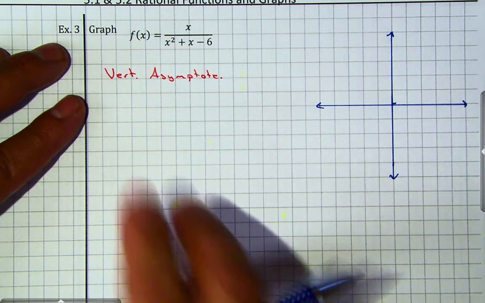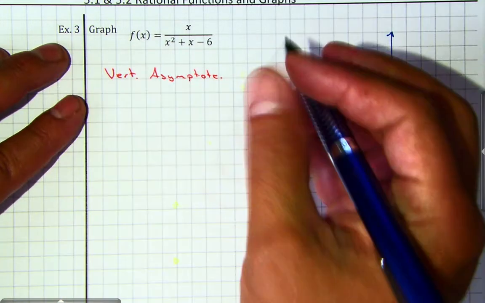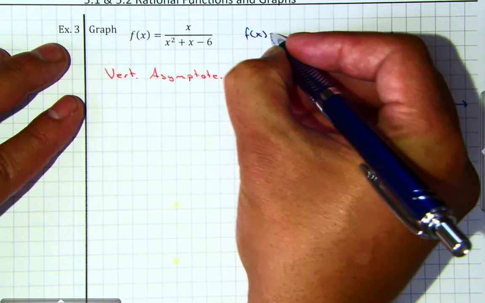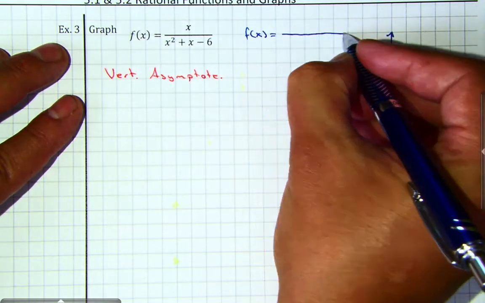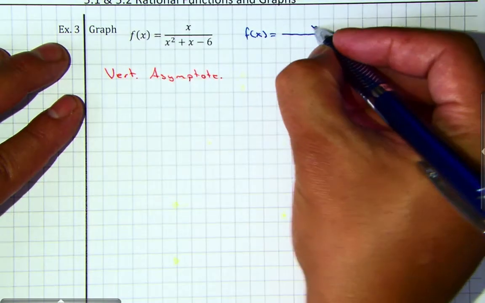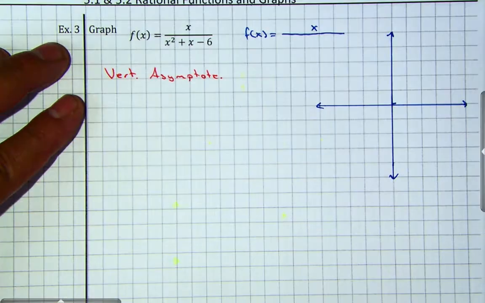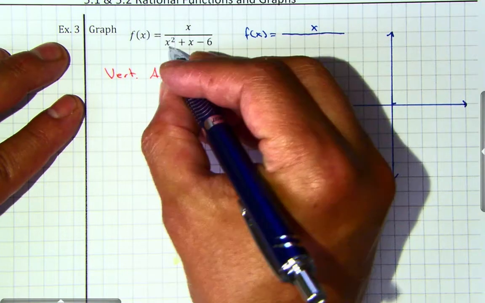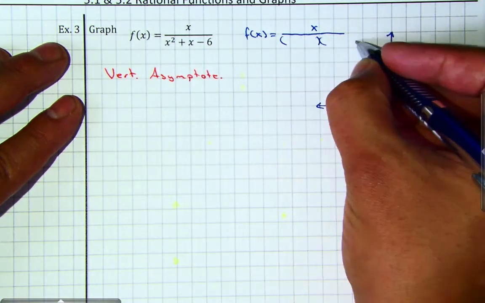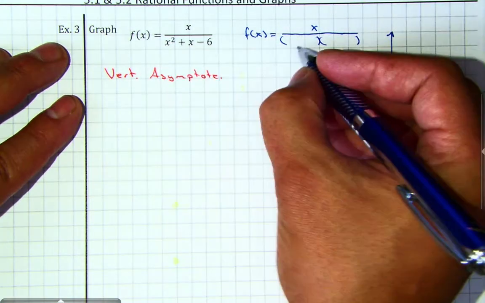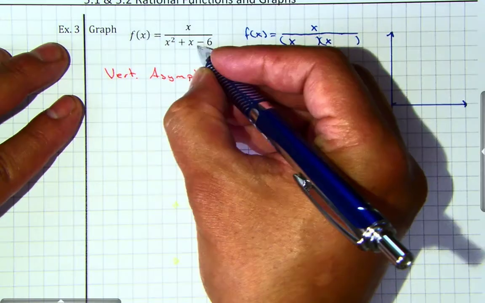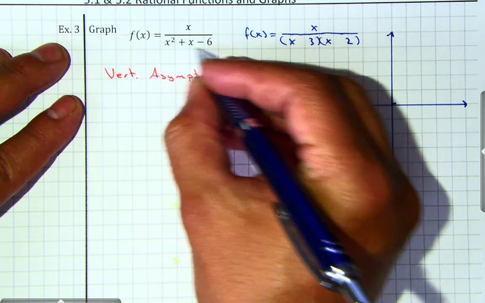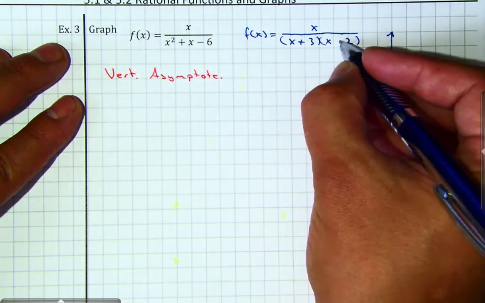Right. And now one of the things I'm going to do first, every time I have a polynomial, I'm going to factor it. F of x equals, because I'm going to need that anyway. So the first thing we should do is to factor each of your numerator and your denominator. In this case, there's nothing to factor out, so I can just use my double parentheses. Factors of x squared will give me x and x. Factors of 6 will be 3 and 2. One positive, one negative, so it'll be a positive and a negative.